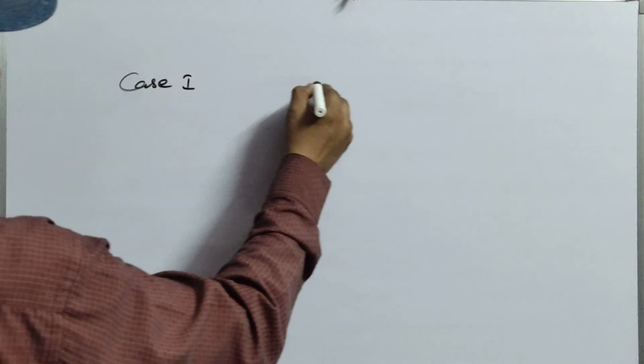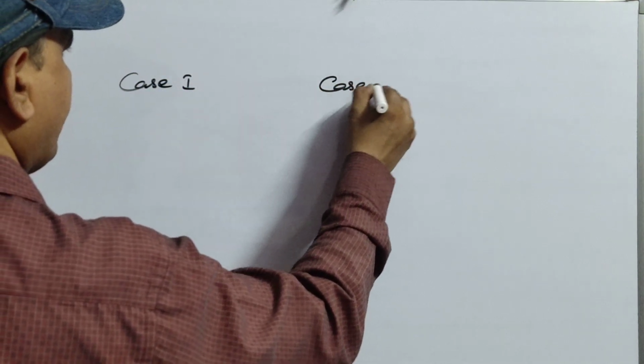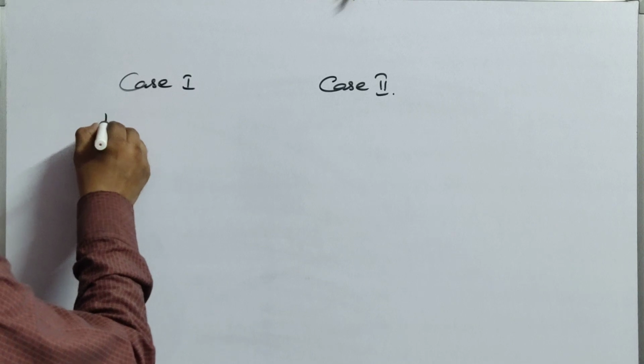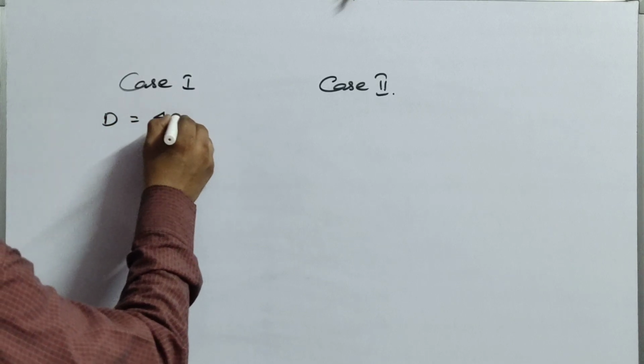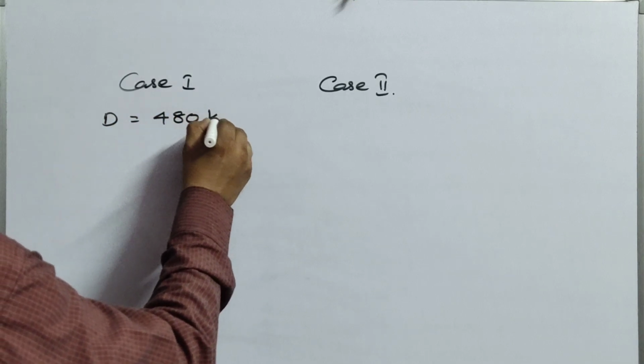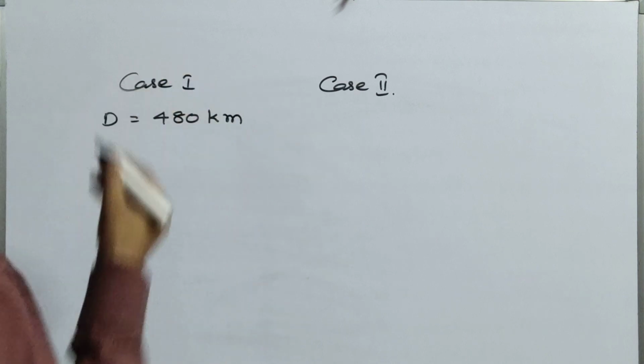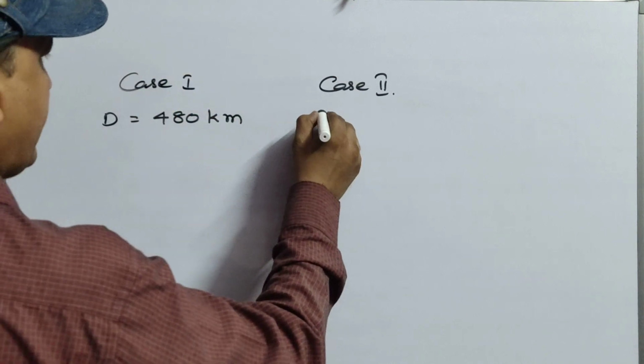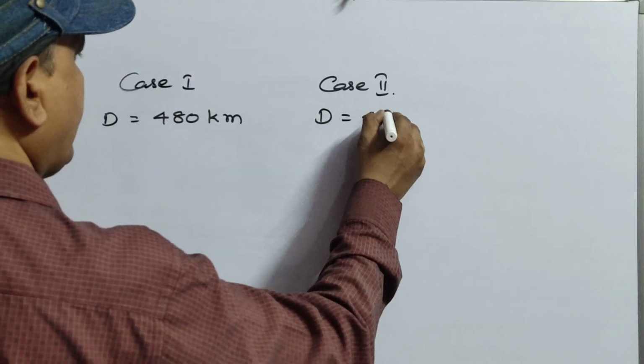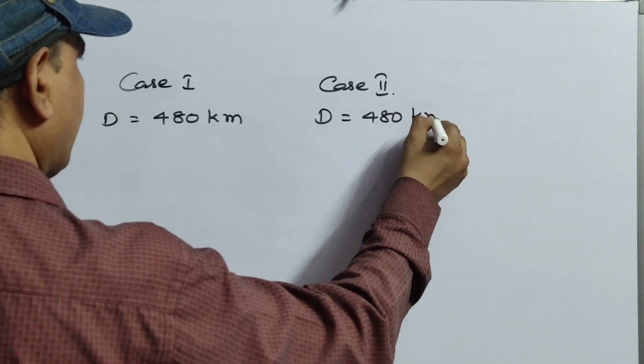First here write 2 cases, case 1 and case 2. If you write like this, the sum is going to be understood very nicely. Okay, here the distance is 480 kilometers. And in case 2 also the distance is the same, 480 kilometers.